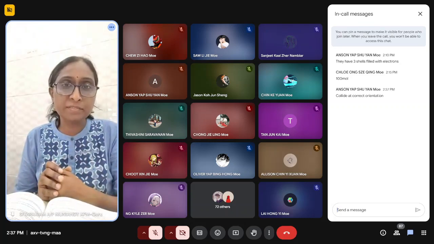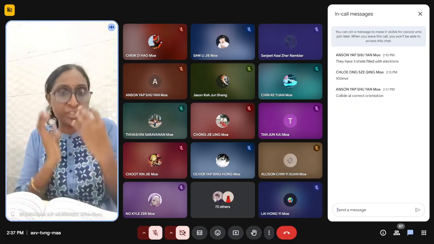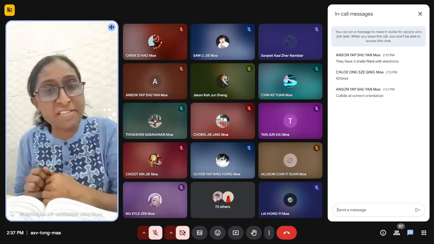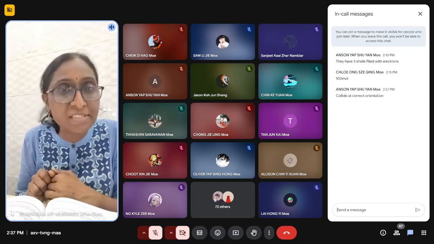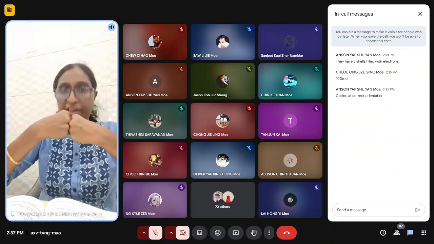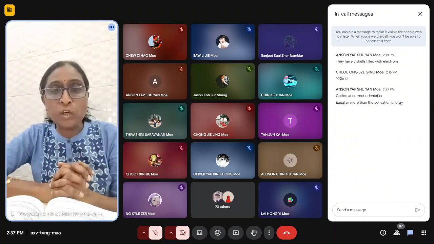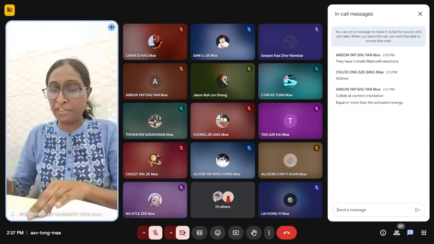Second answer. The colliding particles should achieve energy that is, bila dia collide correct orientation. Okay, fine. Satu markah. Yeah, equal or more than the activation energy. Very good. Semua orang catat dah jawapan dia.